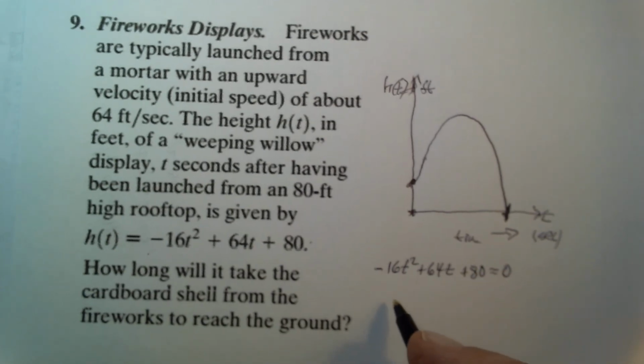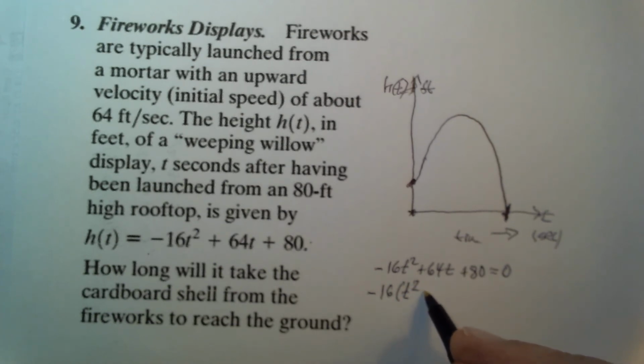So the greatest common factor is obviously 16. So we factor out a -16. So we get a positive leading coefficient of 1: t squared minus 4t minus 5 equals 0.